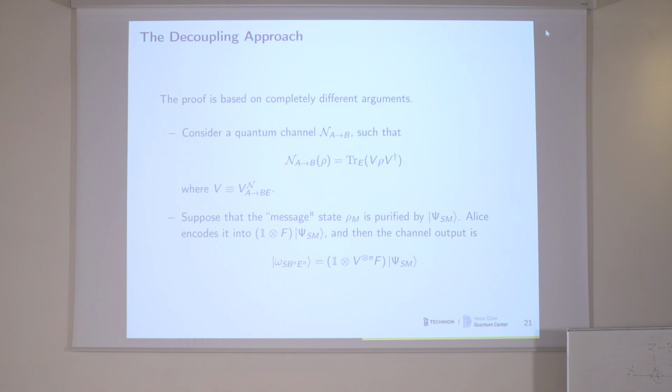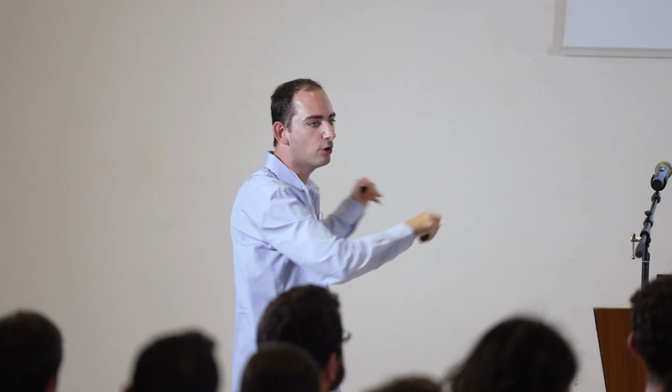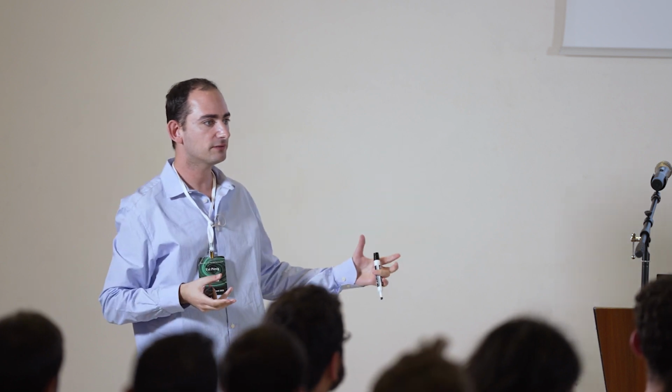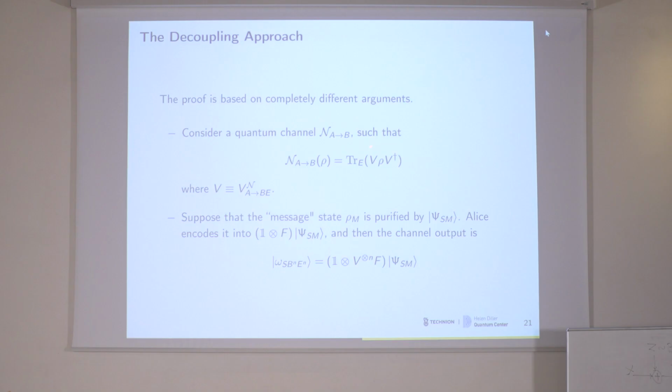The proof is based on completely different arguments, or at least the proof that I present here. Let's look at a channel that is associated with this Stinespring representation. I believe that you've seen it in Arthur's tutorial, where you have an isometry from Alice to Bob and his environment. And when you throw away the environment, you get the mapping, the quantum channel from Alice to Bob.